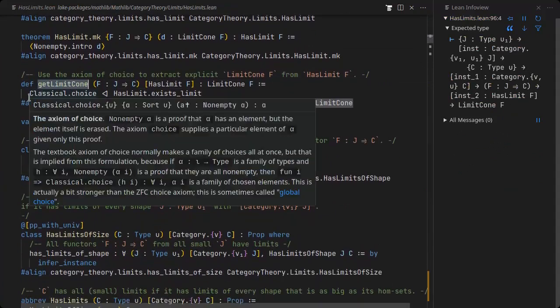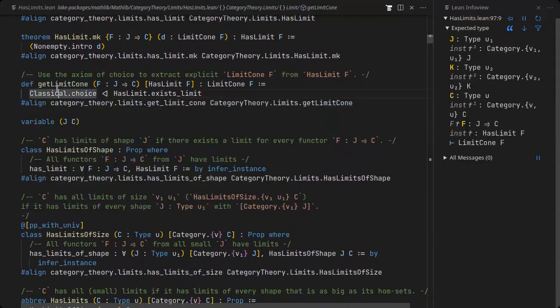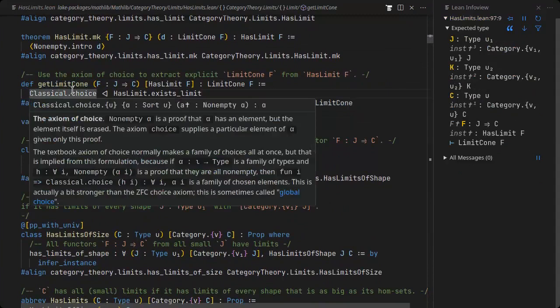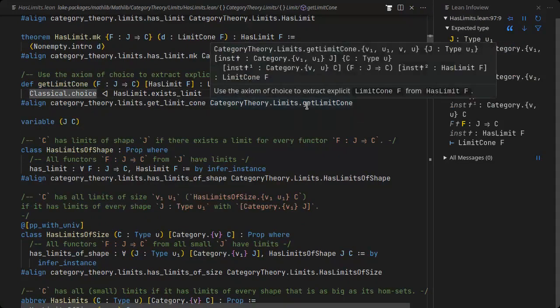I think that's the reason why I mentioned this in the basics section on Monday, which chooses a limit cone for us. And most of the time, theories in the category theory library are formulated in a way so that they work with arbitrary limit cones. But obviously, there's many of them. They're just all uniquely isomorphic. But there's also, using the axiom of choice, a way to select one limit cone.